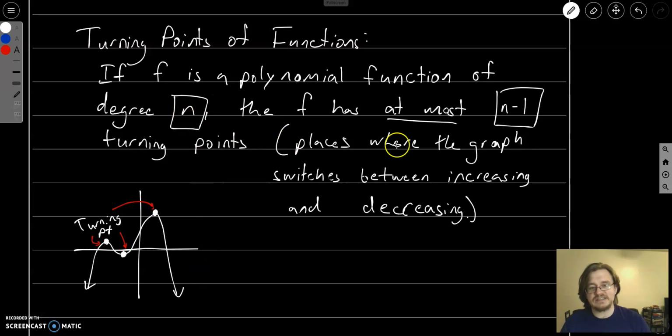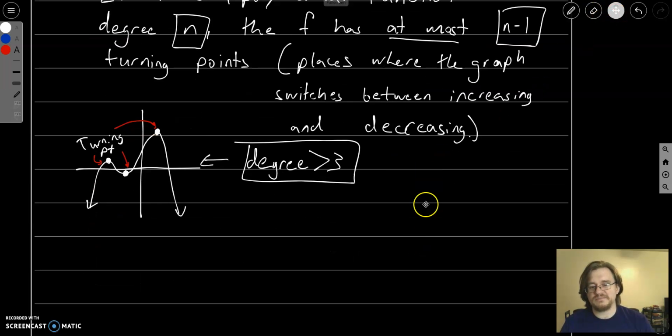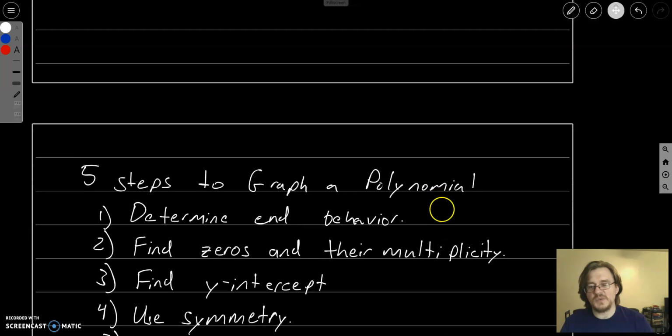The degree has to be bigger than the number of turning points. So this function could have degree 4 or 5 or 6, but it has to be bigger than 3. So this is all we're going to look at for turning points, is just how many there are. And we can put all this together.